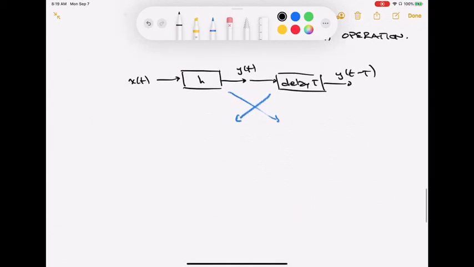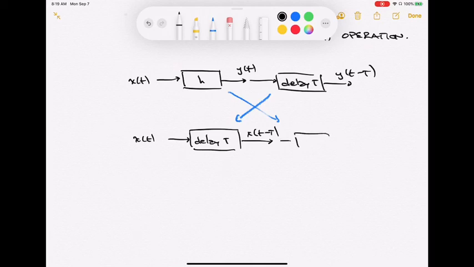So that would say something like this: I have my input x of t going through a delay first, by some cap T. That would generate a signal x of t minus cap T, just a delayed version of that input. And now we run it through the system H, and that generates some output. Let's call that H acting on x of t minus cap T. I'm going to call it y prime of t, just so that we do not confuse notation.